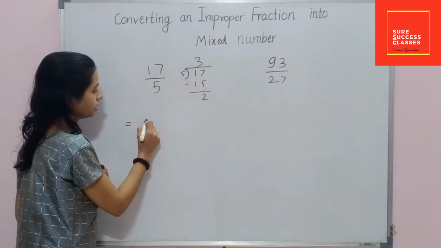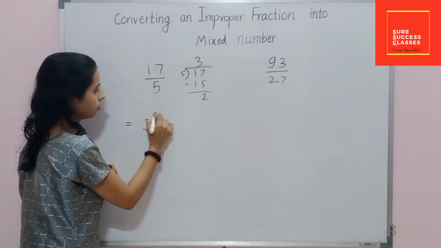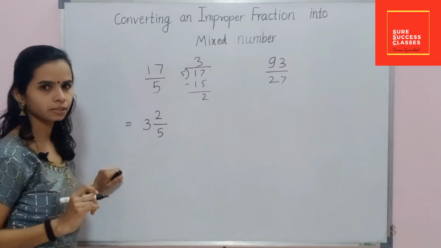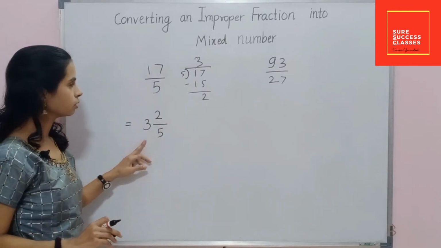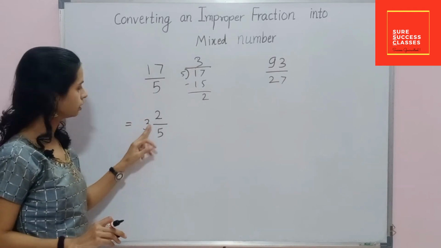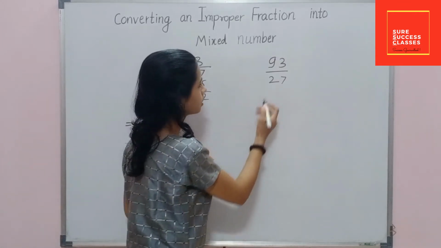Here 3 is whole part, quotient is whole part and remainder will appear here and denominator will remain as it is. So mixed number for this improper fraction will be 3 whole part 3, 2 by 5. Then we will solve this one.